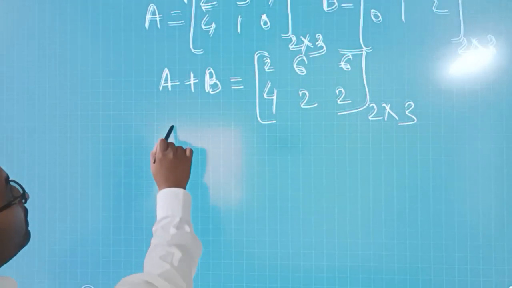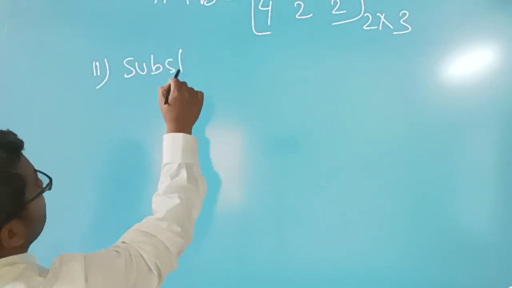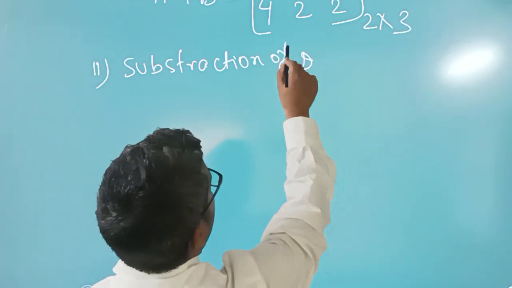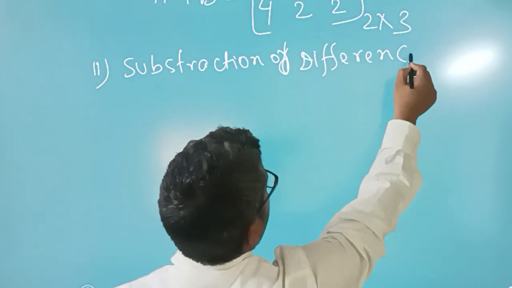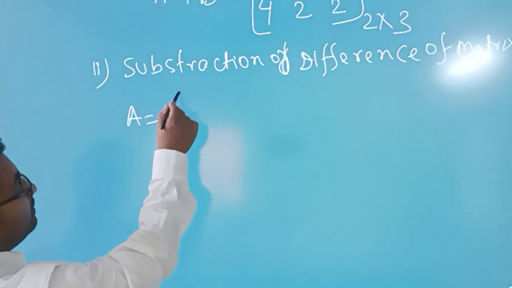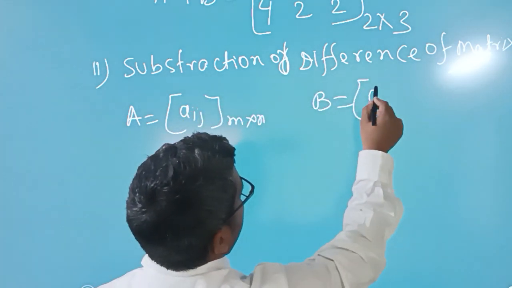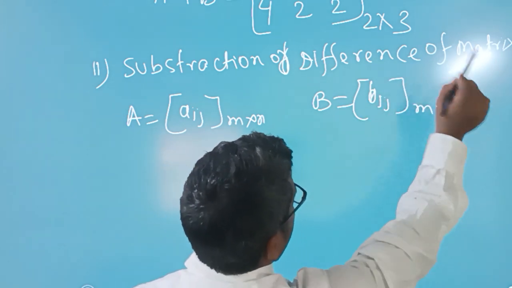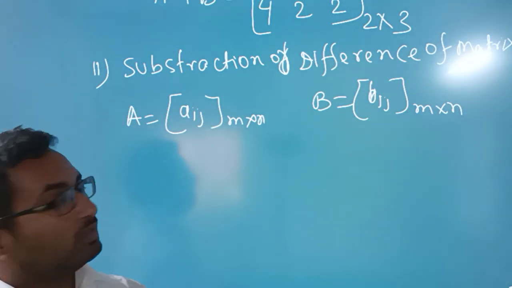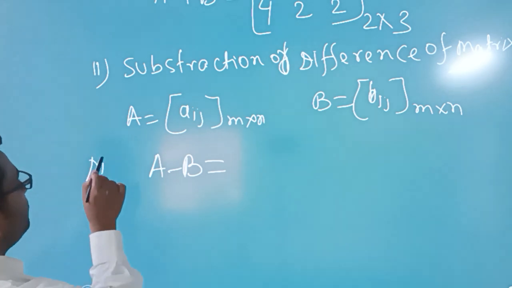Similarly, another operation is subtraction, or difference, of matrices. Take any matrices Aij of order M cross N and Bij of order M cross N. They have the same order and the elements are also the same, so we can calculate A minus B. That is the difference of two matrices.